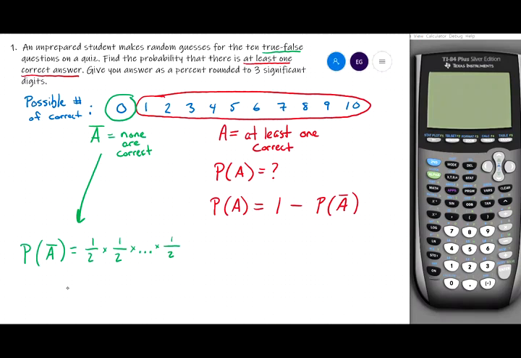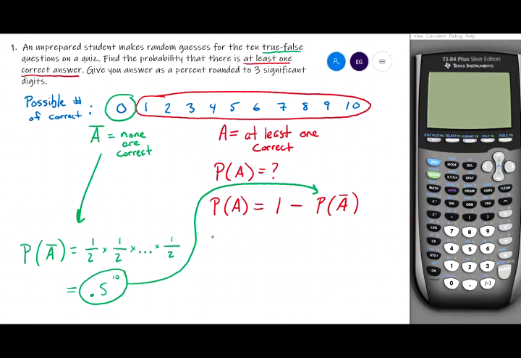So we can say the probability that not A happens, or the probability that A does not happen, is 1/2, or we could say 0.5 to the 10th power. All right, so we could bring that over here.